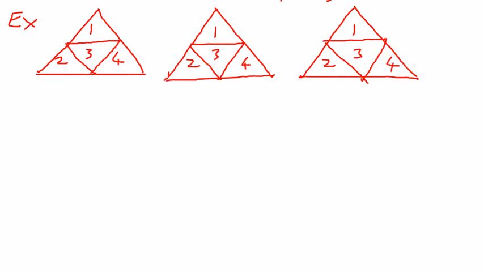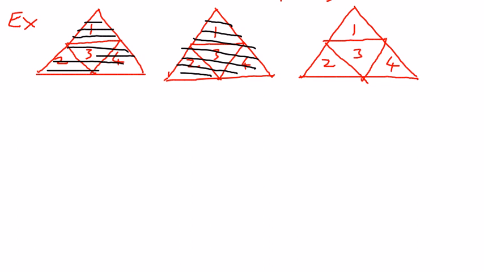And now I'm going to shade all of the first triangle like that, and I'm going to shade all of the second triangle like that, and I'm going to shade just the first part of the third triangle like that. Now I want to be able to represent that as a mixed number. So step number 1.